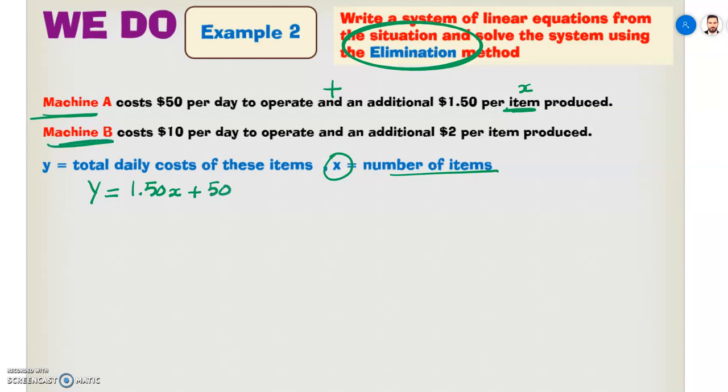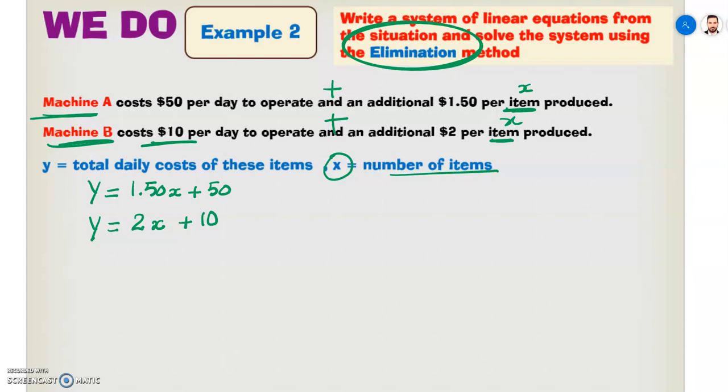The second machine is B. It costs you $50 per day to operate, an additional $2 per item. Item is X. So Y is equal to $2 per X plus 10 per day.